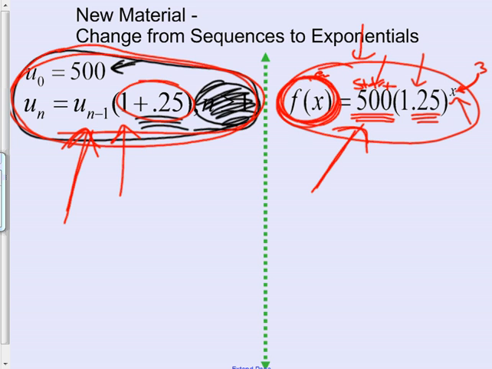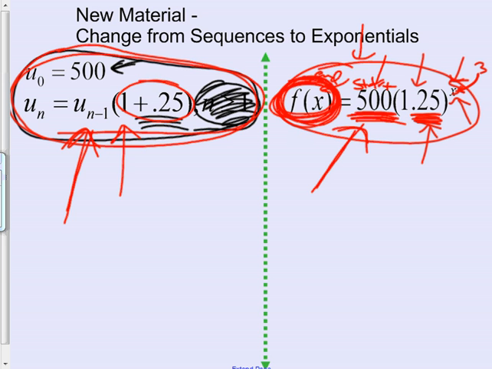This is end, as in the final answer, like how many you're going to have after they grow 25%, 4 or 5 years or whatever. Start, end, and growth. Throw an x in the exponent. There, I've taught you the new stuff. I know you may not be ready yet, but that's the first shot at it.